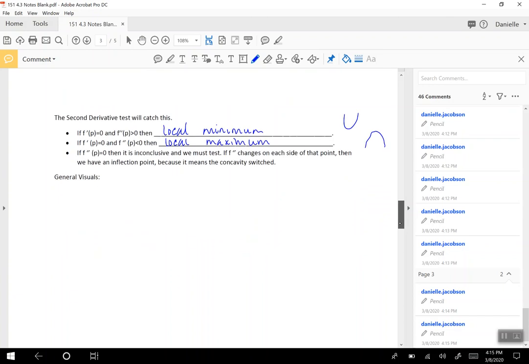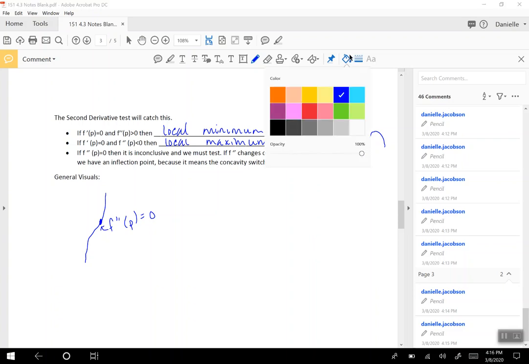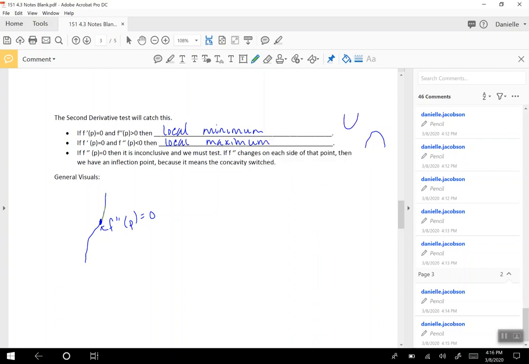Alright, so you go through and you find this. Okay, it looks like this. f double prime of p is 0 right here. Right, we see this part, green. Well, it's supposed to be concave up. My drawing's not that great.